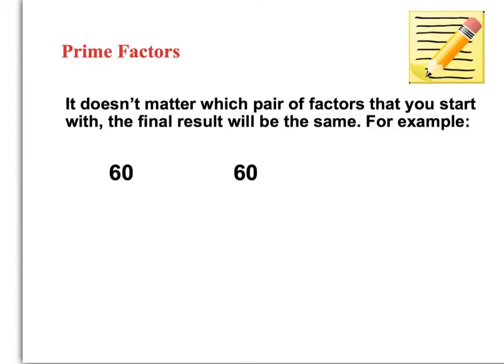Alright, so there's heaps of different ways you can multiply to get certain numbers. So I'm just going to choose 2 of them. So 60 can be 2 times 30. Okay, so 2 is a prime number. We still need to break down 30. 6 5s are 30.